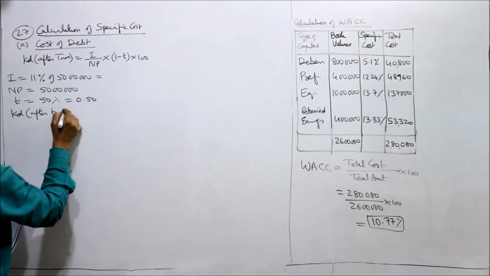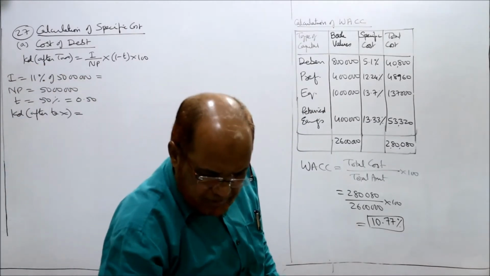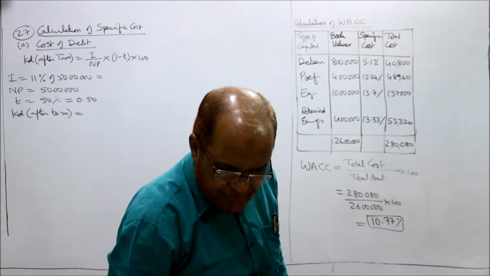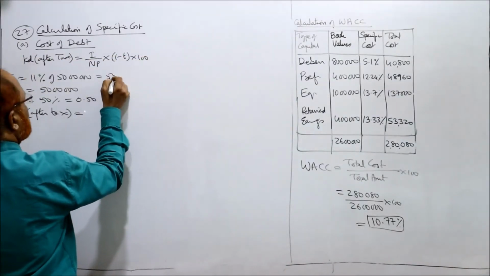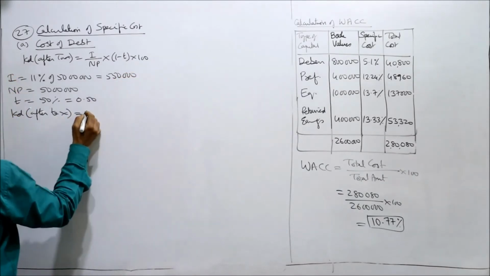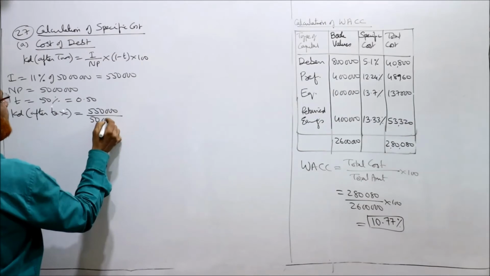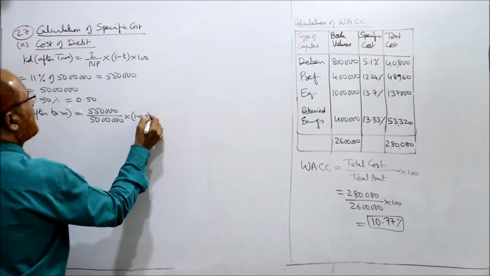KD after tax is equal to I, 50 lakh into 11%, which is 5,50,000. So 5,50,000 divided by 50 lakhs into 1 minus 0.5 into 100.